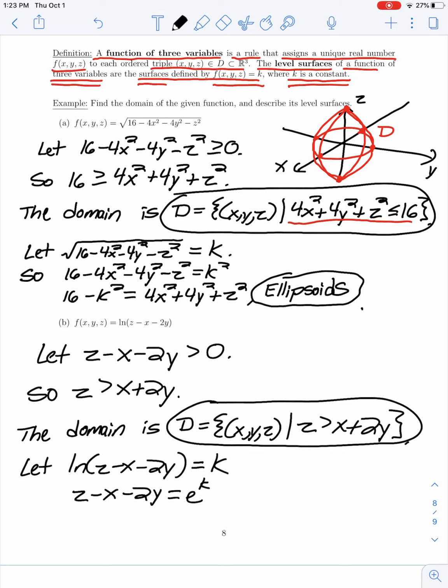Let's maybe rewrite it in this way, as it'll make describing our surfaces a little easier. I could say negative x minus 2y plus z is e to the k, where k is some constant. So this sort of equation represents a plane in space where the value of k would just affect our x, y, and z intercepts of these planes.